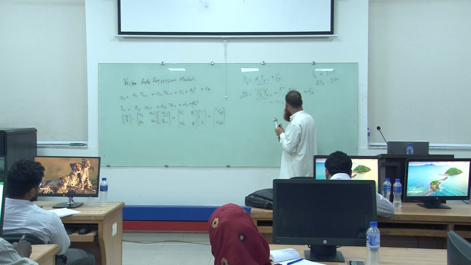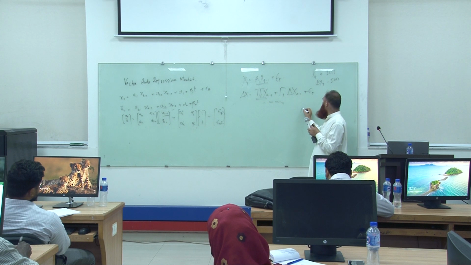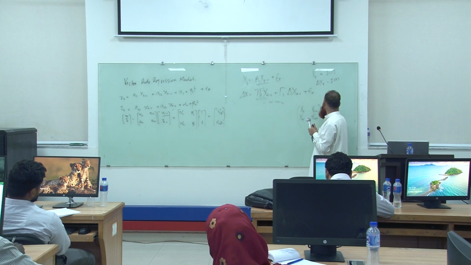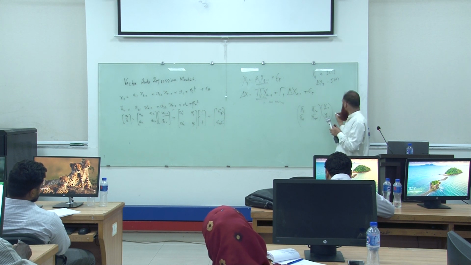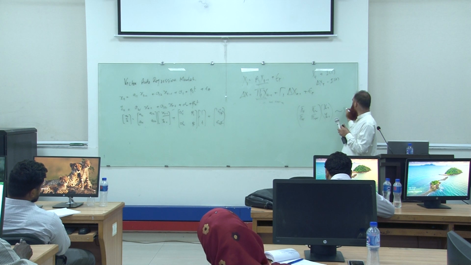What this term is actually, this is equal to pi 1 1, pi 1 2, pi 2 1, pi 2 2, right, into x t minus 1, y t minus 1. This whole term should be equal to I0, right?